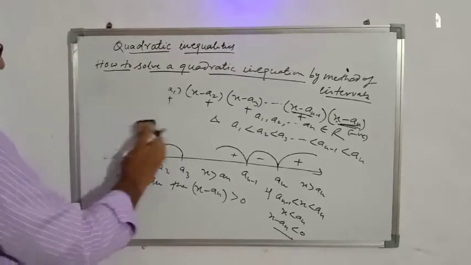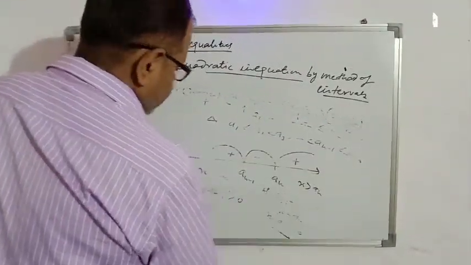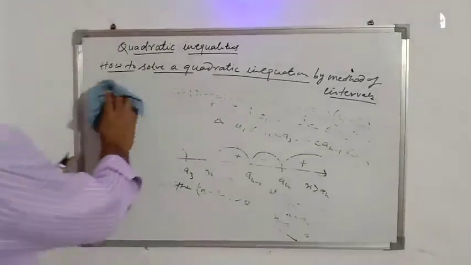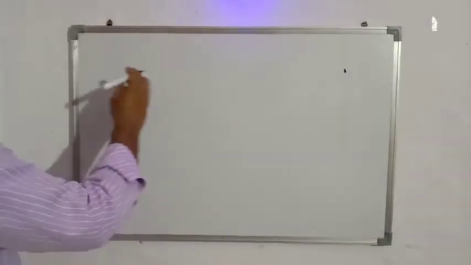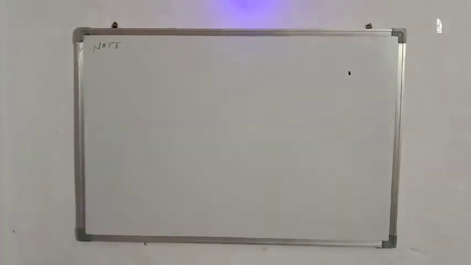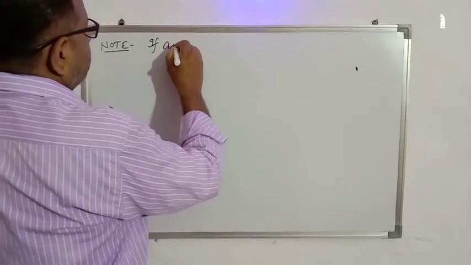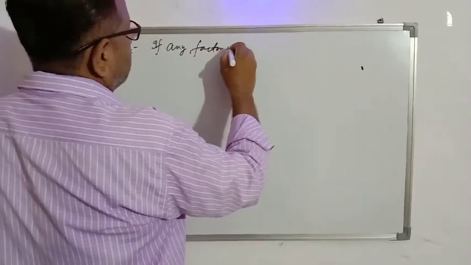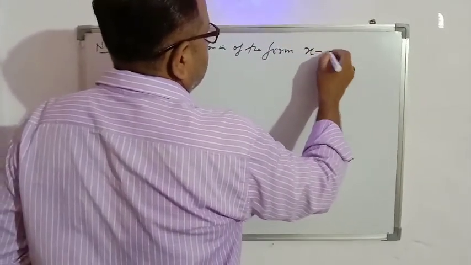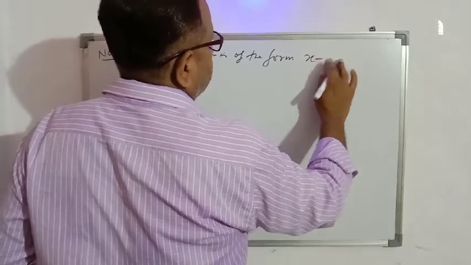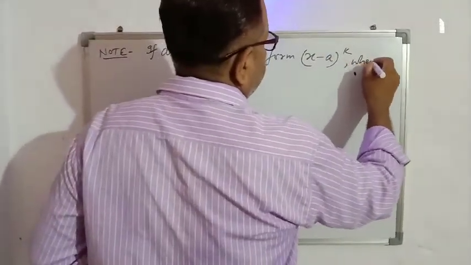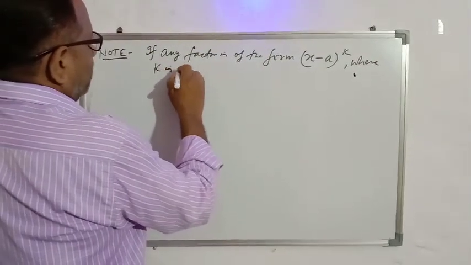Next, write some notes. Write note: if any factor is of the form x minus k or x minus a to the power k, where k is a natural number.